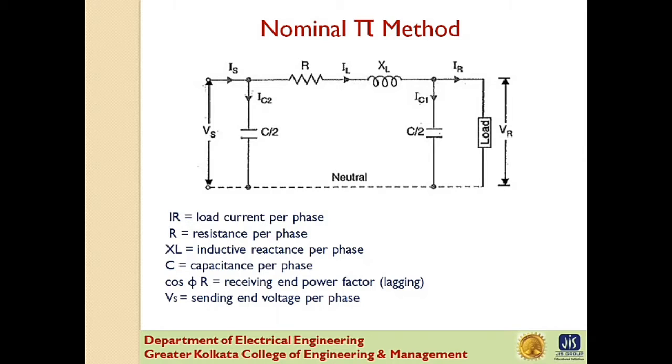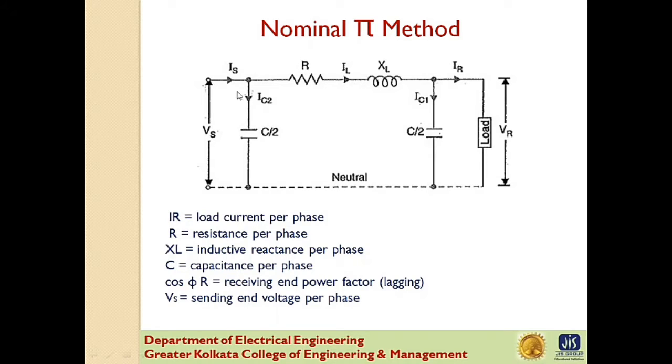So here IR is the load current, R is the total resistance per phase, XL is the inductive reactance per phase, C is the capacitance per phase, cos phi r is the receiving end power factor, Vs is the sending end voltage per phase, and Is is the sending end current.